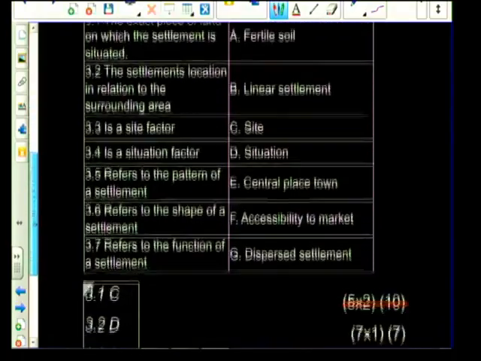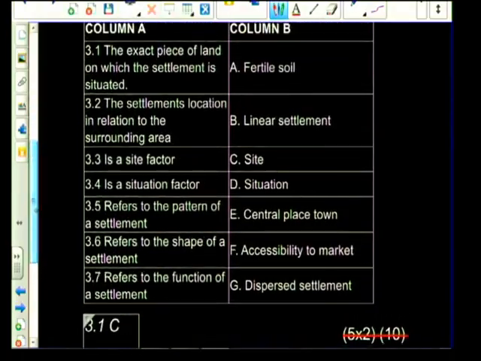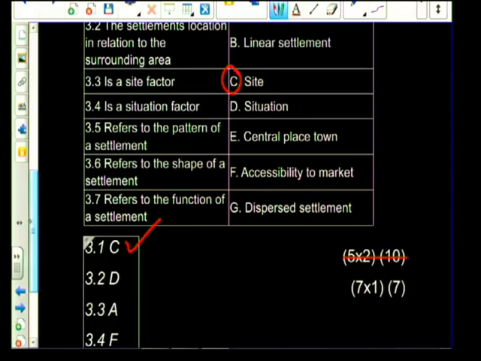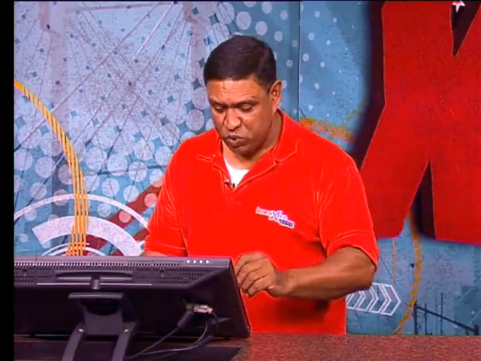The exact piece of land on which the settlement is situated, as you know, you've been studying this already and you should have covered this, and that is site, 1 mark. In the past, it was 5 times 2, 10. Here it is 1 mark. You could get a 7 or 8 mark question on this, and the total would be 1 mark for each one.